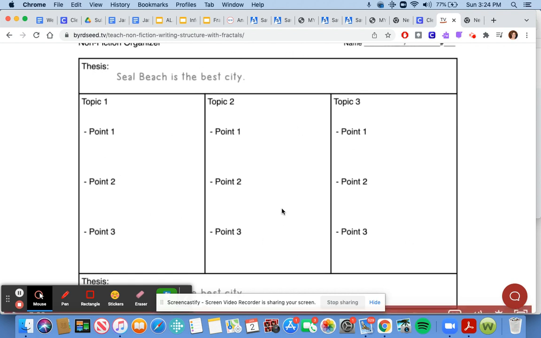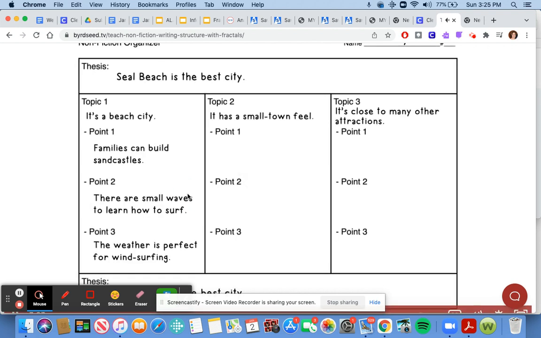Everything in these body paragraphs has to relate to this thesis statement. And it should be one sentence that lets the reader know what the whole essay will be about. Right? So a thesis statement is just like a topic sentence, except it's for the whole essay, not just one paragraph. Here's what my Seal Beach is the best city essay would look like on this graphic organizer.